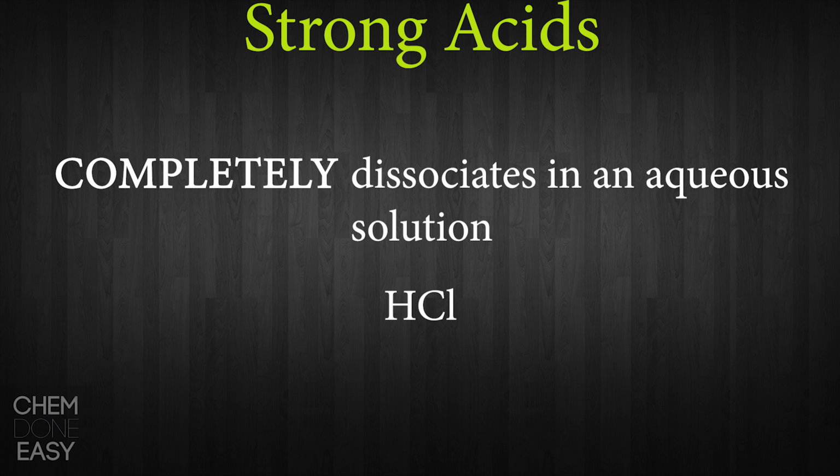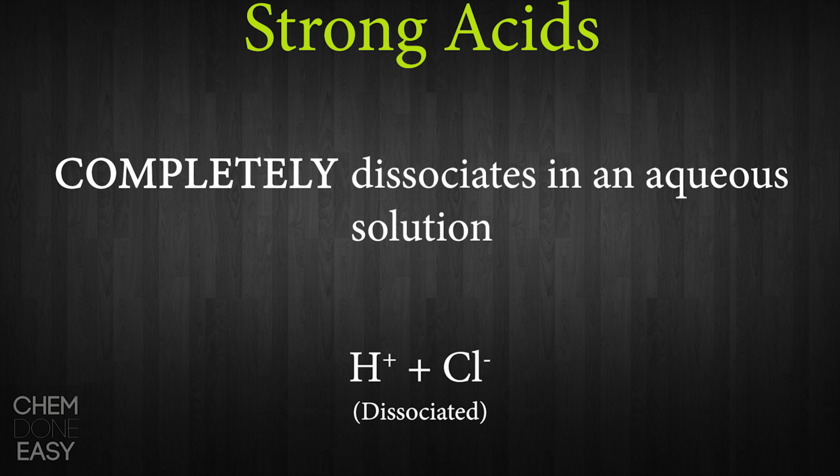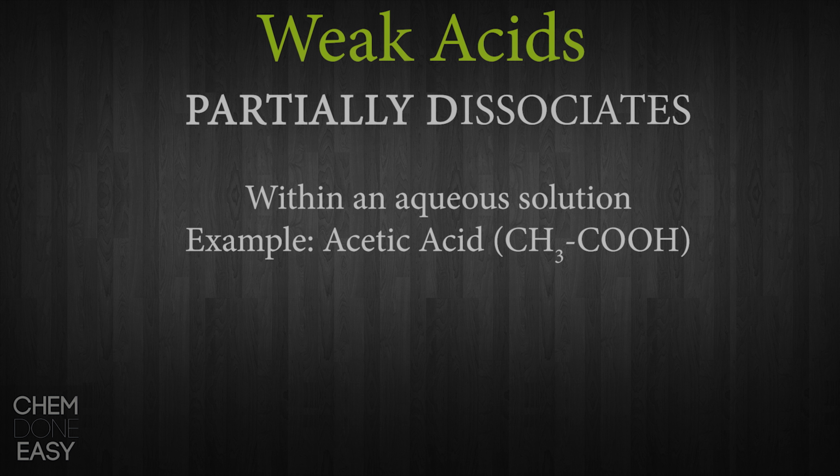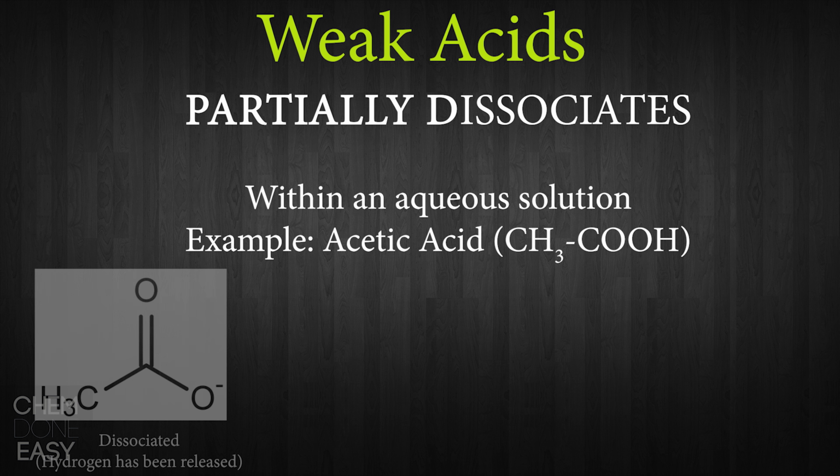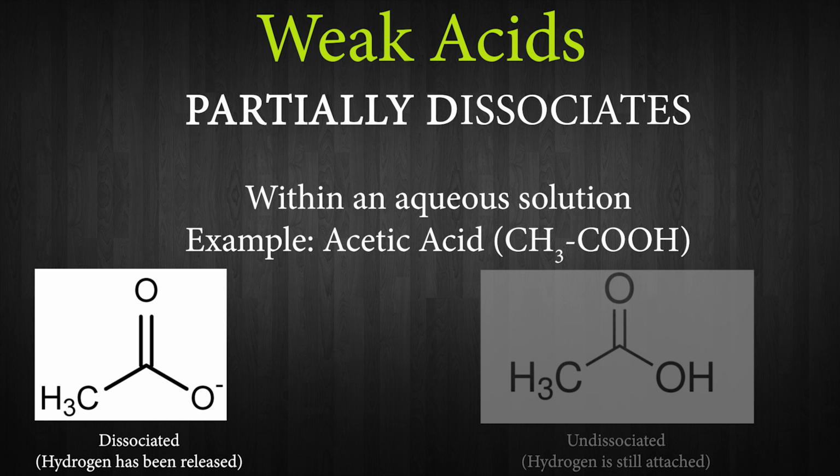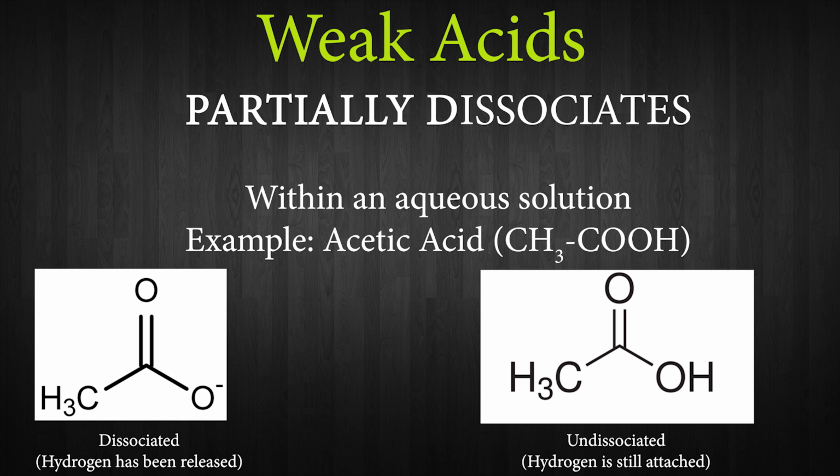When these strong acids are placed in water, they will completely dissociate. As for weak acids, they will only partially dissociate, meaning that the weak acid will have a dissociated state and an undissociated state that will coexist in equilibrium.